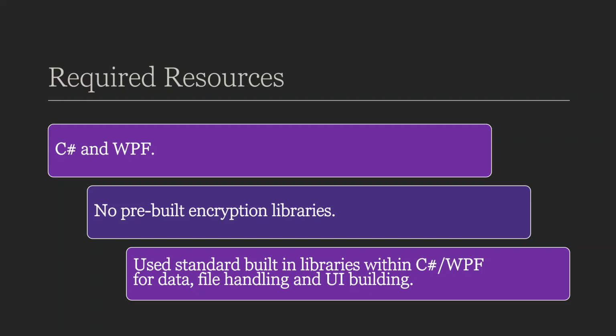So instead of outsourcing all the work to a different place, I wanted to implement everything in house. That's how I've been implementing these algorithms so far. I do use some standard built-in libraries within C Sharp, just none related to cryptography. They're mainly used for user interface building, data handling, file handling, just the standard stuff.